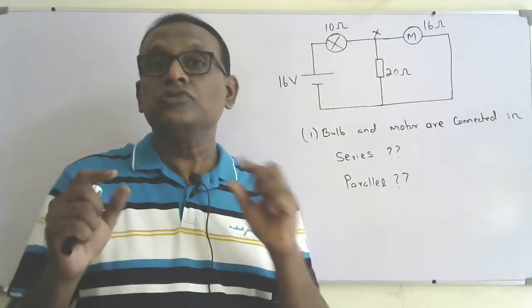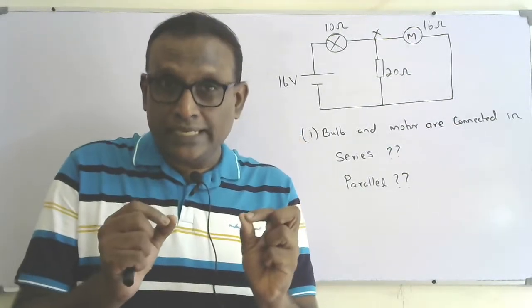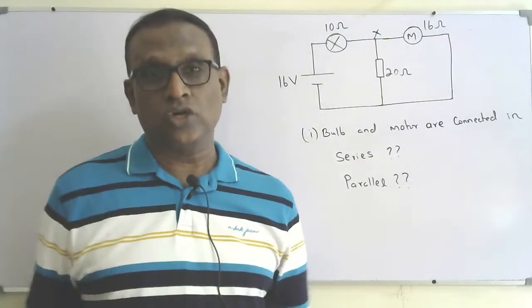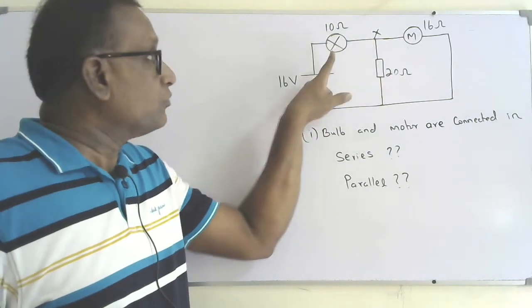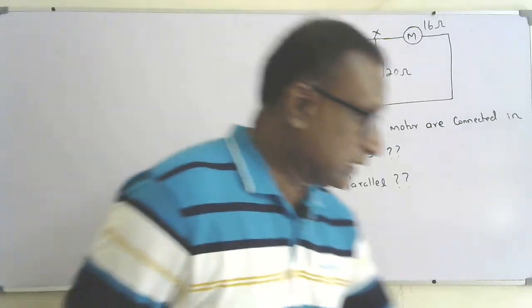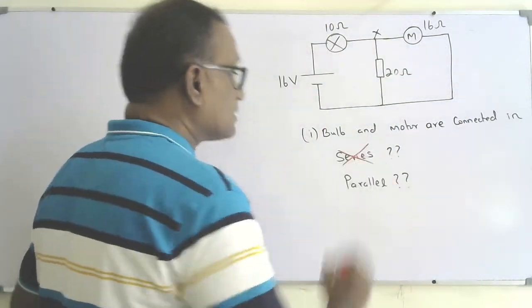I told you that if two components are in series, there should not be any junction or branch between those two components. There's a junction and a branch from that junction between the bulb and the motor. Therefore, the bulb and motor are not connected in series.